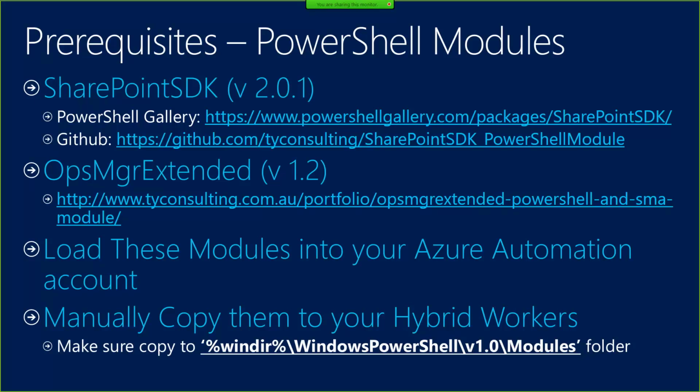Normally I prefer to copy to C Program Files, Windows PowerShell modules folder. But when you execute runbooks on your hybrid worker, that path is actually not in the PS module path. So please make sure you copy all these modules to the C Windows System32 Windows PowerShell version 1.0 modules folder.